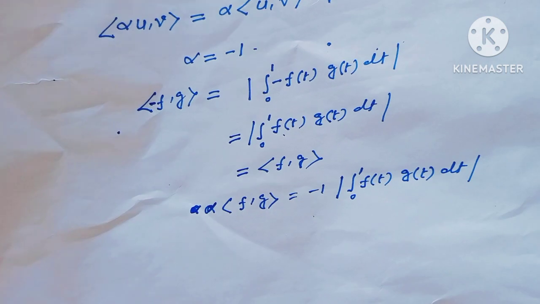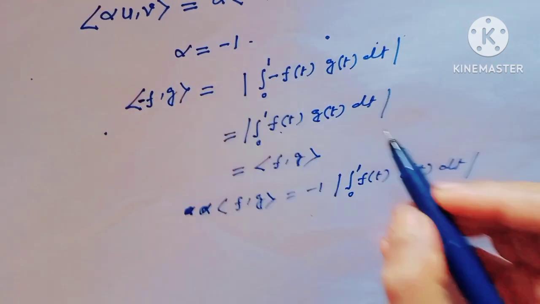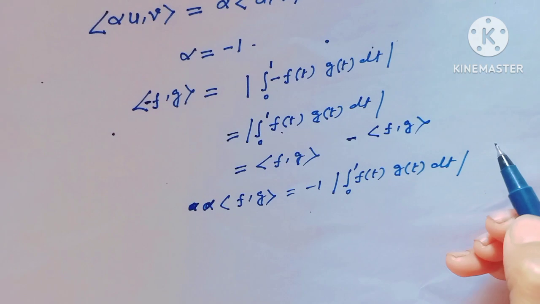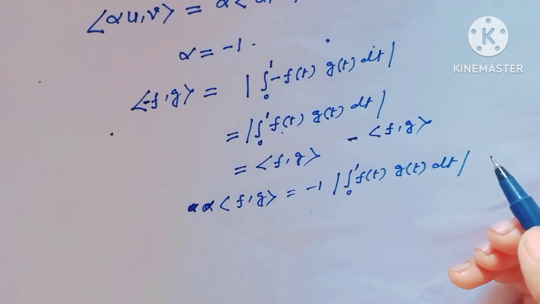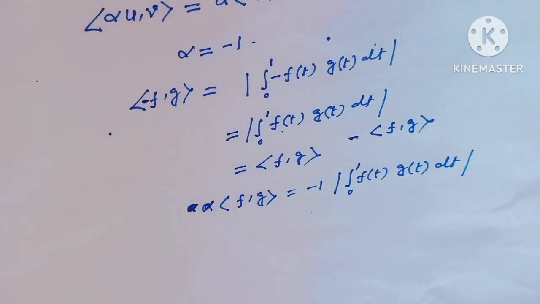That means inner product minus f comma g is not equal to minus inner product f comma g. So option 1 is a wrong option.